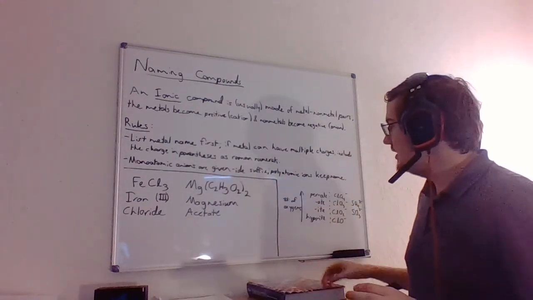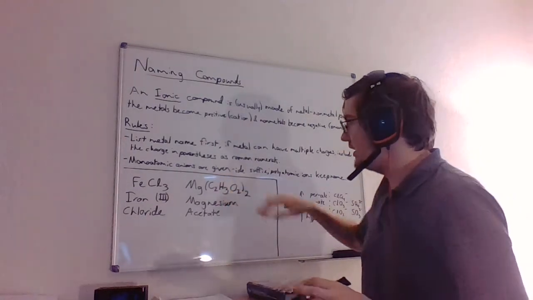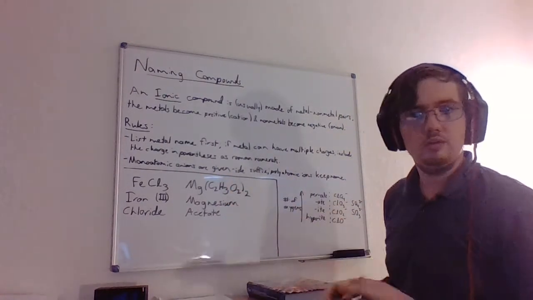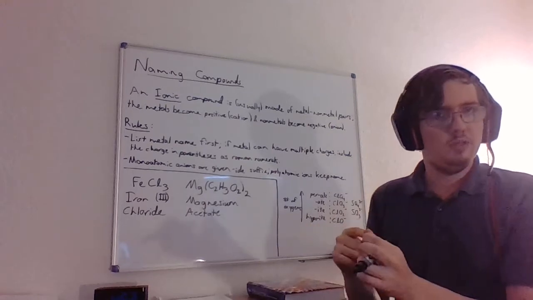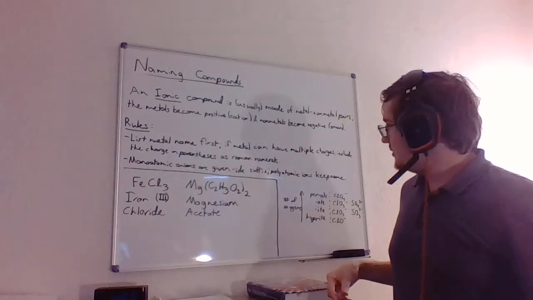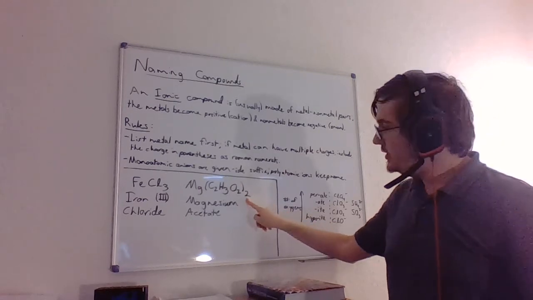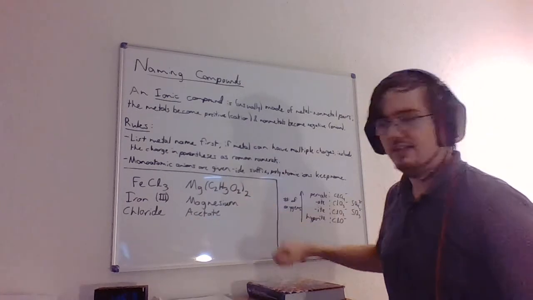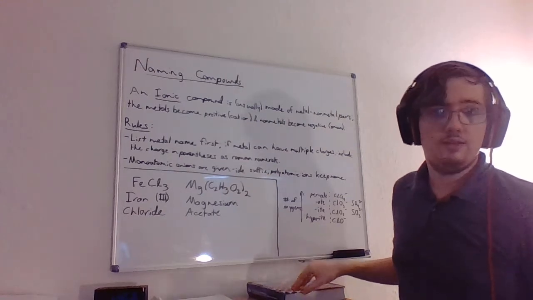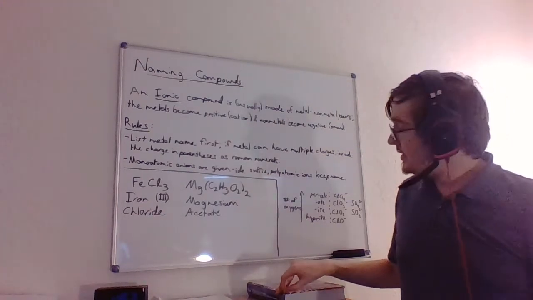And that is that there's not really a counting system when it comes to ionic compounds. You don't need to count up how many of each type you have. So even though I had 2 of them, I don't need to write out diacetate. In fact, if you do write it out, that's actually the wrong name for it.